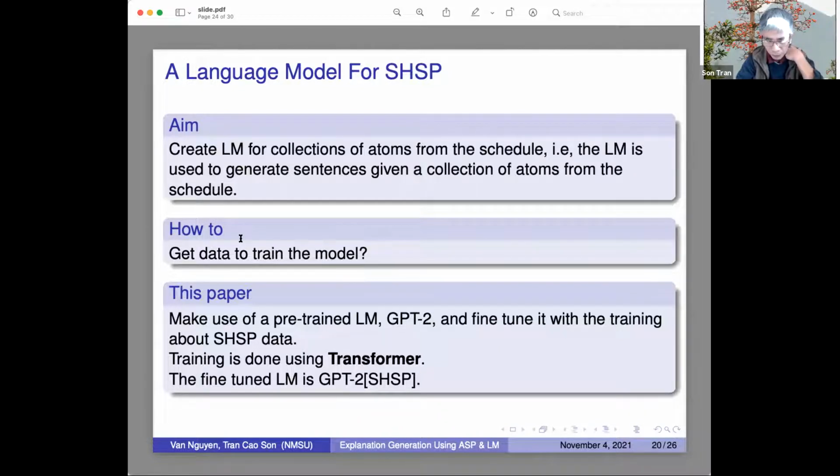So in this paper, we make use of a very simple, pre-trained language model called GPT-2, which is available for us, and fine-tune it with training data about the smart home scheduling problem. The training that we did is done using the transformer.